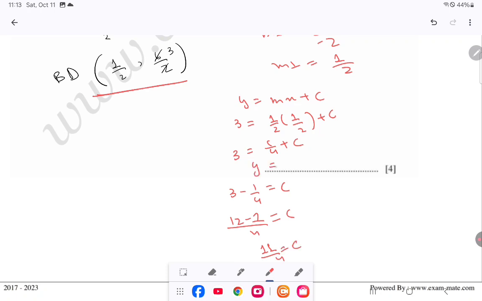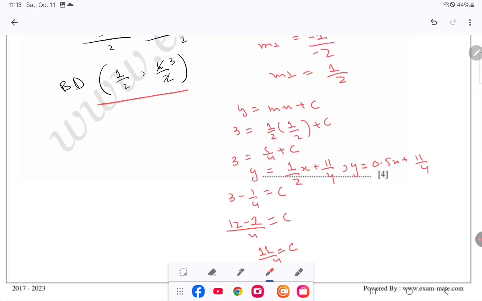Now y is equal to, we calculated the value of m, which is 1 over 2 x plus 11 over 4, or we can say y is equal to 0.5x plus 11 over 4, which is 2.75. This is our equation of line of the BD line.